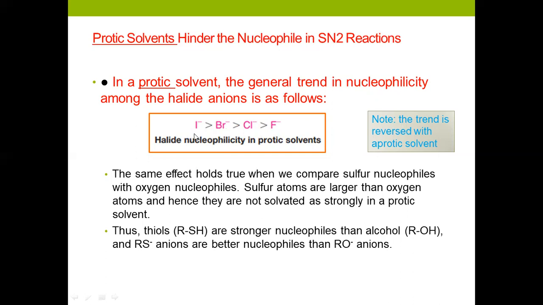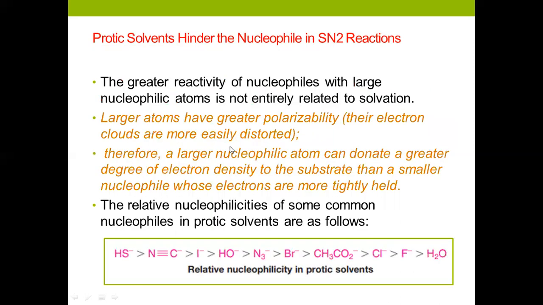But other than the solvation effects based on the size of the atom, there is another reason that larger atoms become more nucleophilic than smaller atoms. And the reason is polarizability. The larger the atom, the greater its polarizability, meaning that its electron density can be easily distorted.